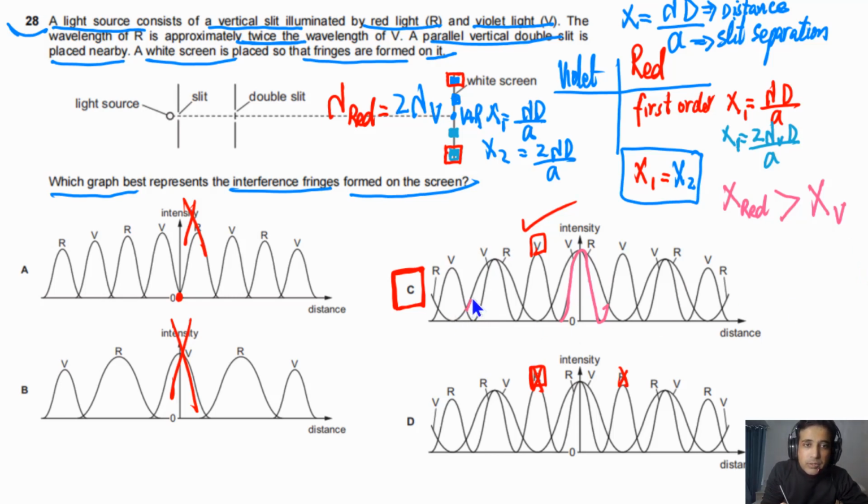Let me use a different color for the violet. So we have violet inside and red outside because the size of the bright fringes of red is greater than the size of the bright fringes of violet. If fringe spacing is greater, it also means that the size of the fringes is also greater.